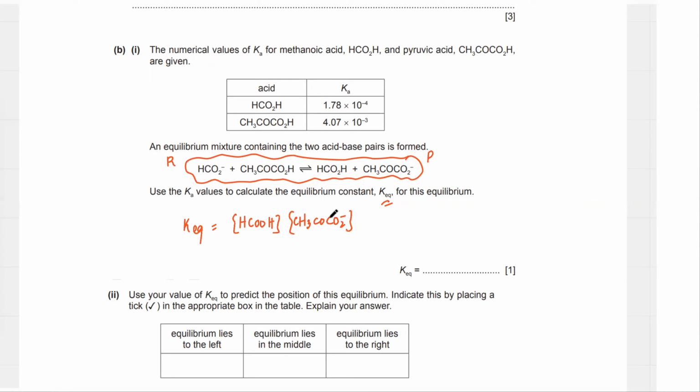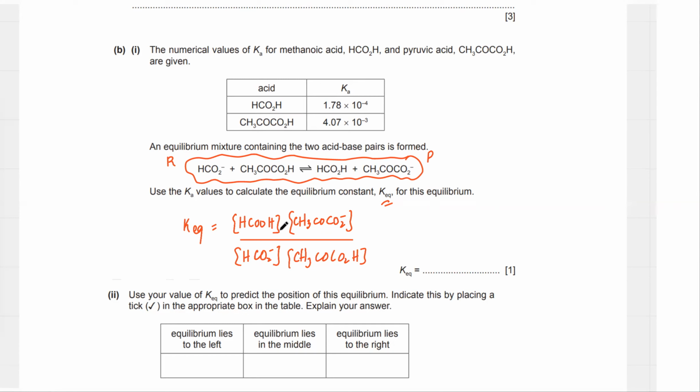Your two reactants are the HCO2 minus 1 ion and CH3COCO2H. So products over reactants, and you have to somehow give the value of the equilibrium constant.